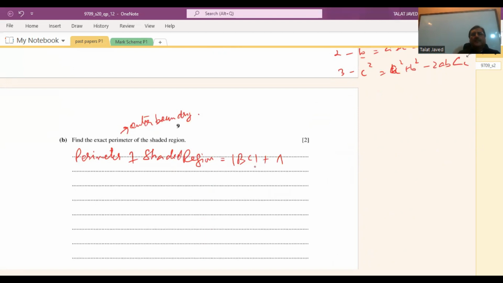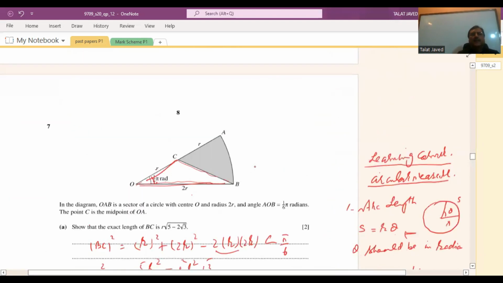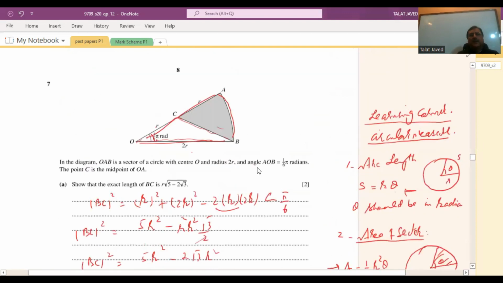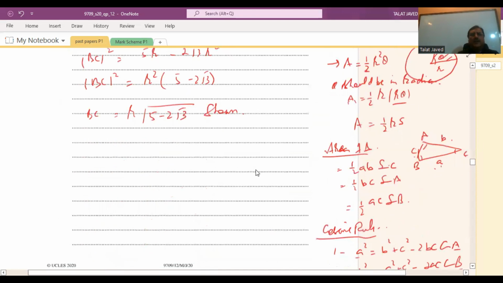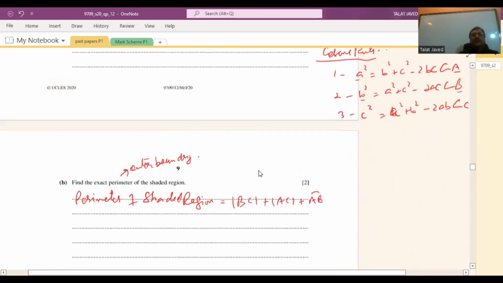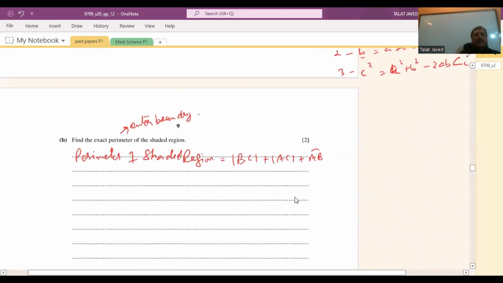Here r is given, and BC we found in part 1. Now we find the arc length AB.